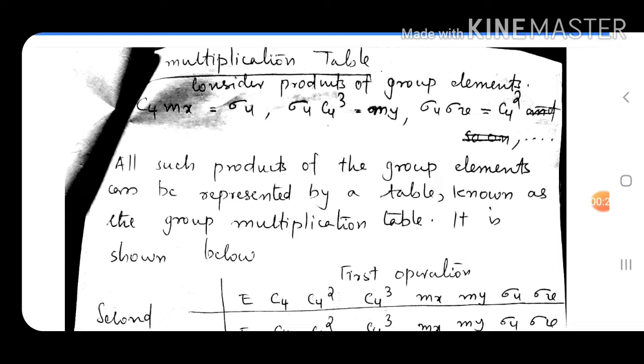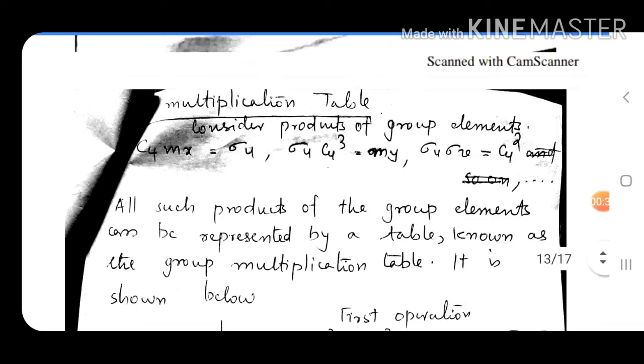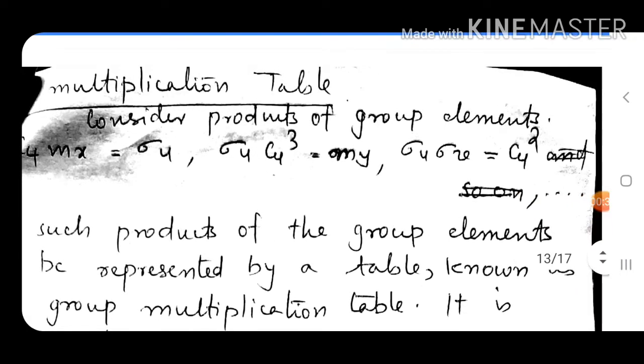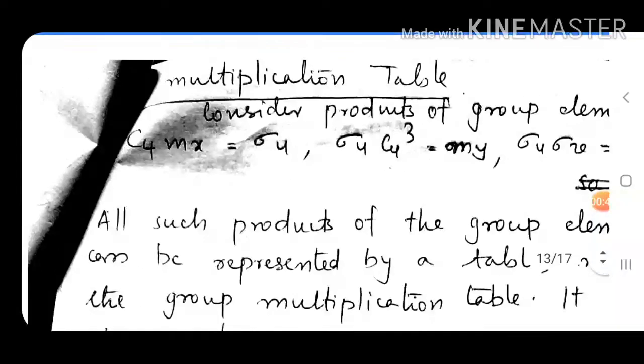So the product of the group elements, C4mx, it can be sigma u or C4 cube, sigma u, sigma v. When you take the product of any two elements in the group, you are getting an element in the same group. That is the closure property of the group, the first property of the group.